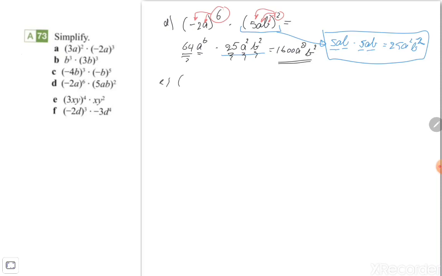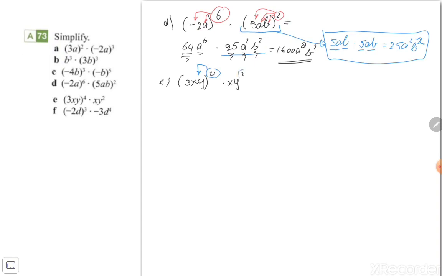Exercise E. Inside the brackets 3xy to the power of 4 multiplying with xy squared. So the difference between the first part and the last part is that the 4 belongs to the whole term inside your bracket.